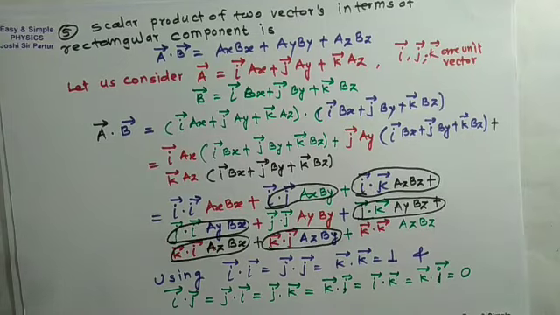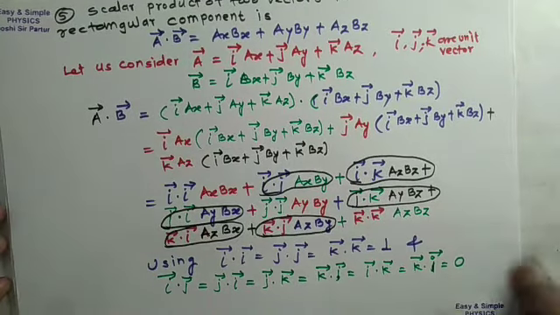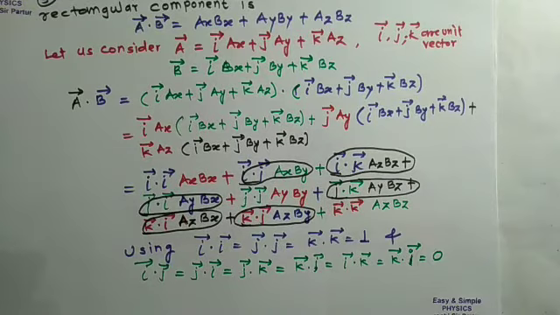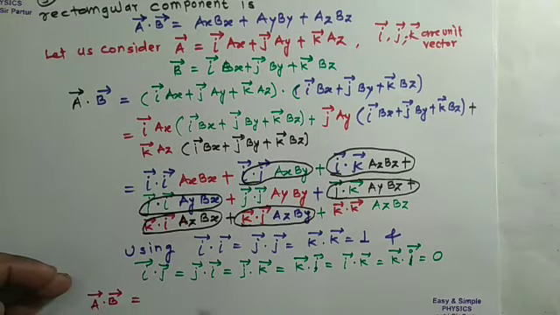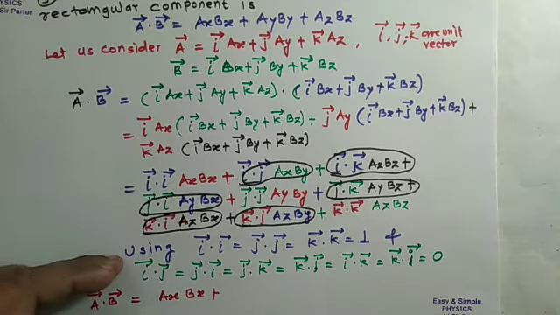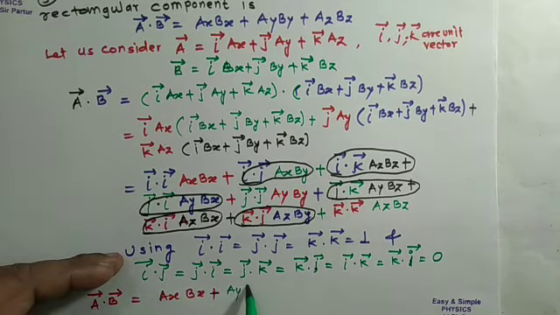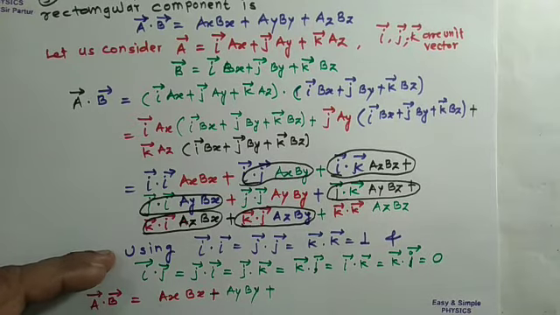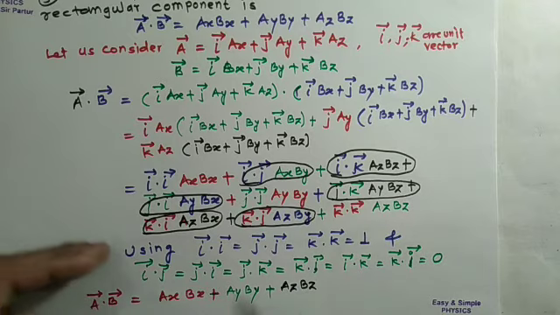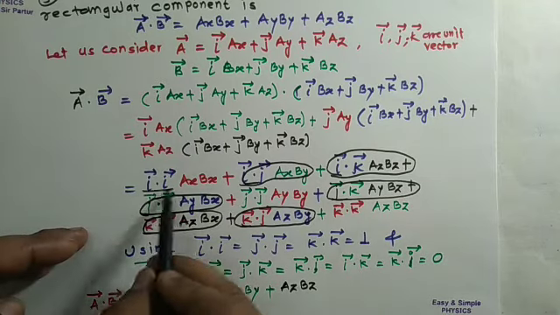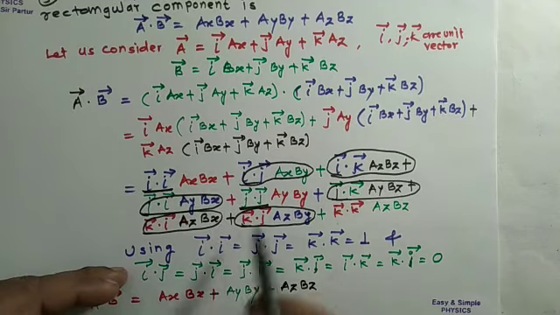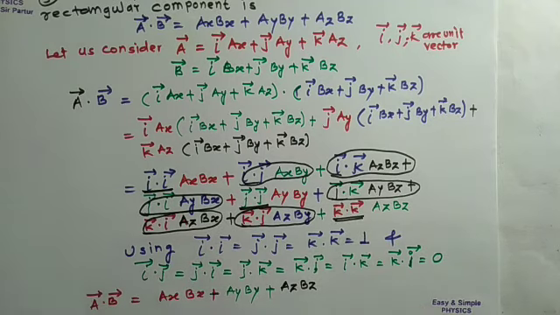So only three terms remain, and vector A dot vector B is equal to the remaining terms, AxBx plus AyBy plus AzBz, because this term is 1, this term is 1, and this term is 1.